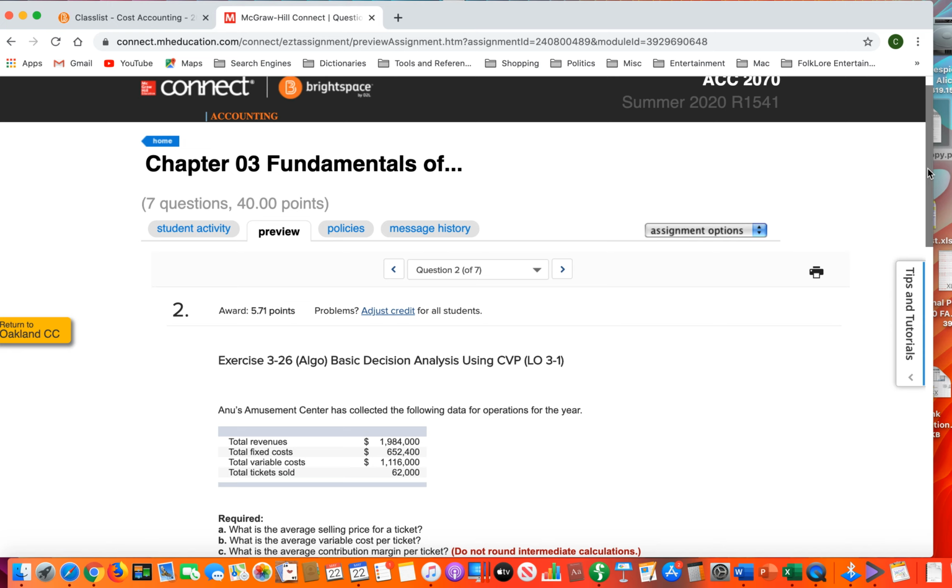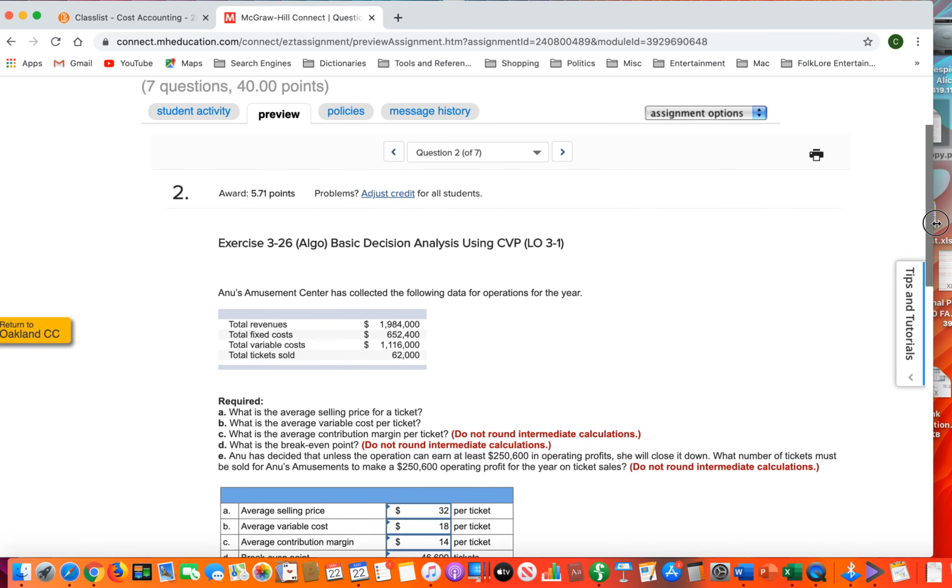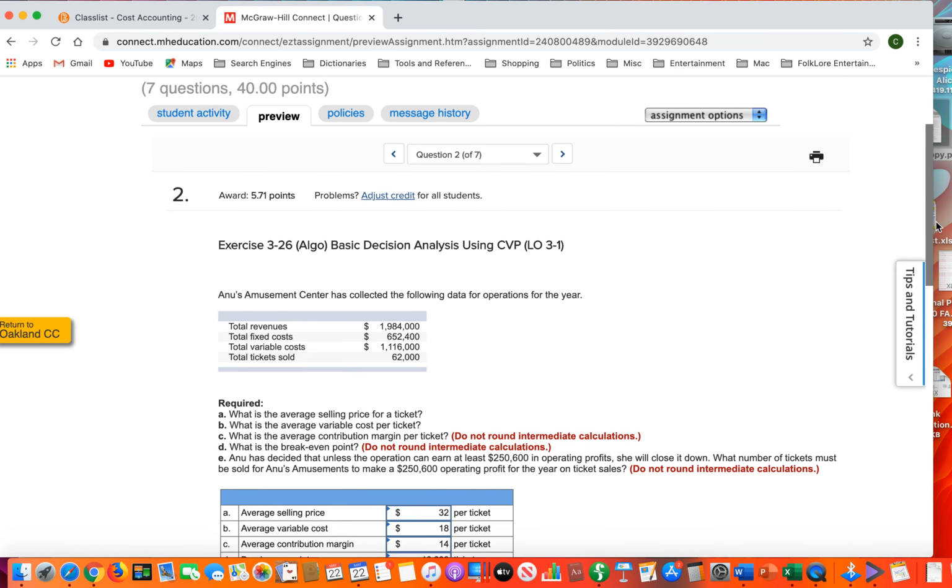So total revenue minus variable cost will give you the contribution margin per ticket. Well, if the sale price per ticket is 32 and the variable cost is 18 per ticket, then the contribution margin is $14 per ticket. $14 per ticket, right? Sale price minus variable cost is 14.